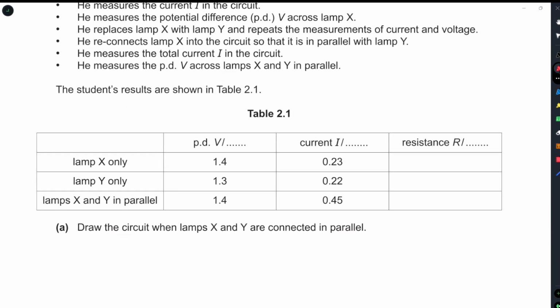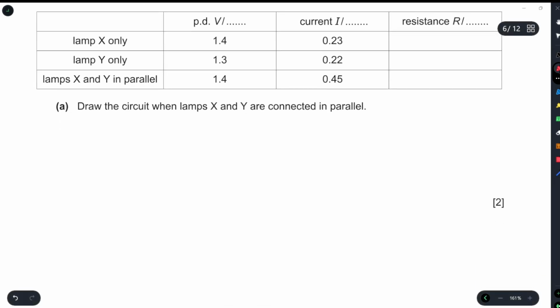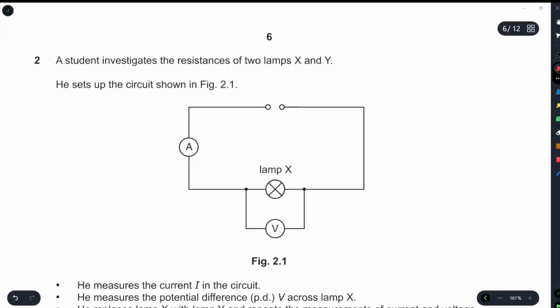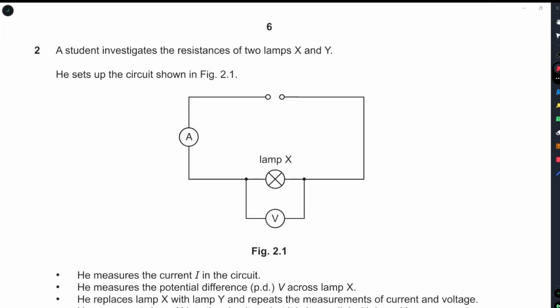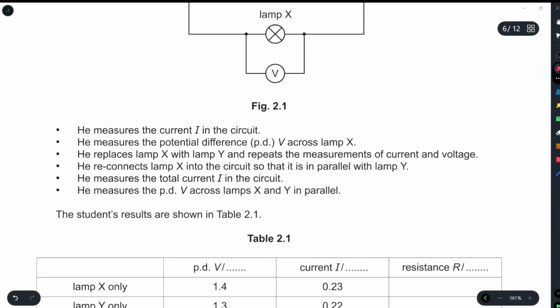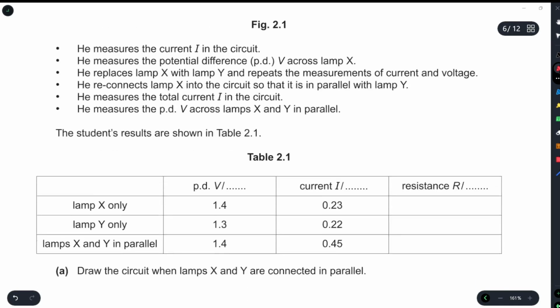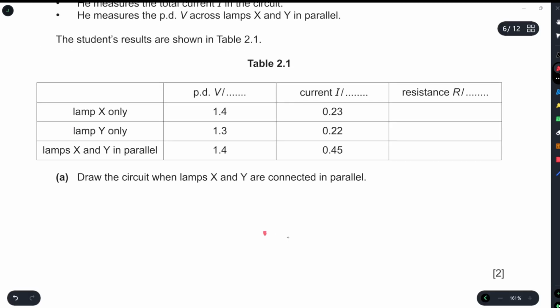ठीक है, अगर आपको रेजिस्टेंस चाहिए है, draw the circuit with X and Y connected in parallel. यहाँ पर ही जगह है हमारे पास, ठीक है. All right. So connected in parallel would be, what do we have? We have a power supply over here.